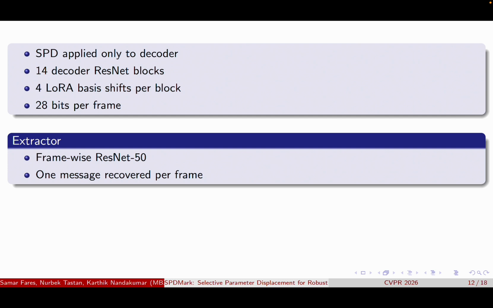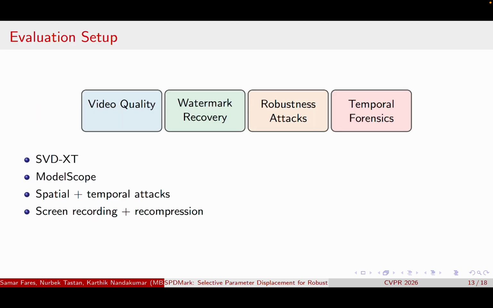For extraction, we use a frame-wise ResNet-50 model with a linear head that outputs the watermark message for each frame. We evaluate SPDMark on 2 video diffusion models. The first is SVD-XT, an image-to-video model. The second is ModelScope, a text-to-video model. We evaluate video quality, watermark recovery, robustness under attacks, and temporal forensics.